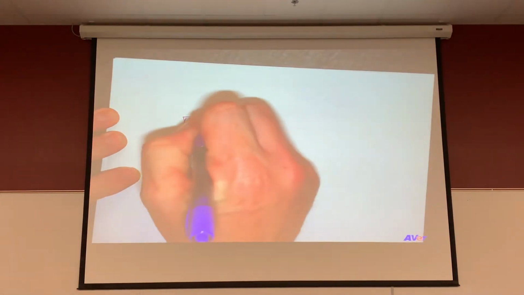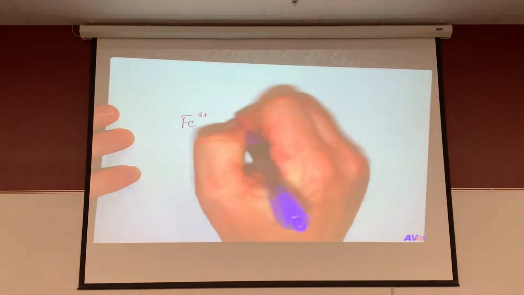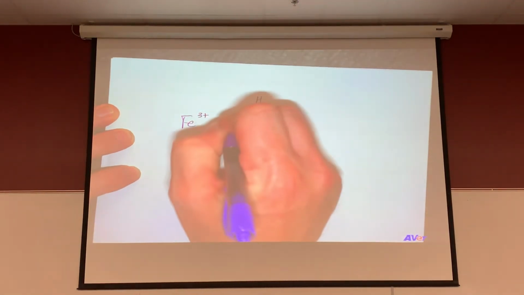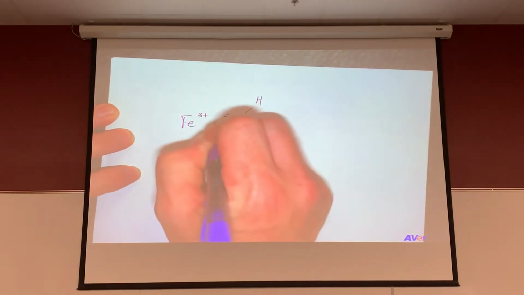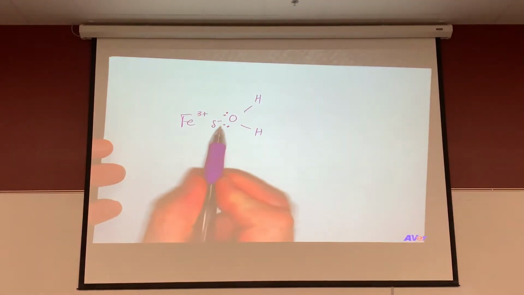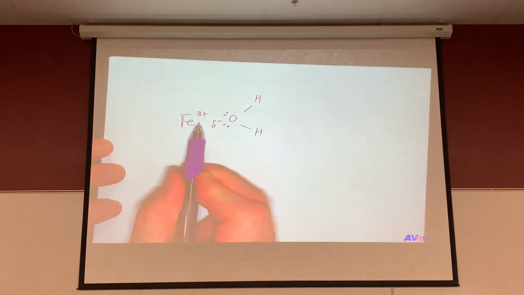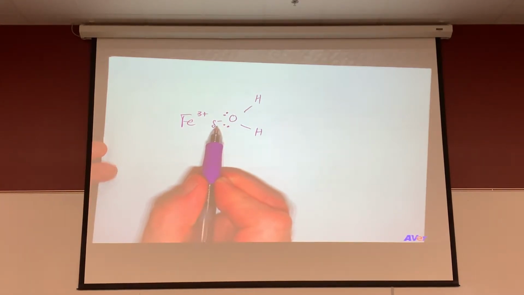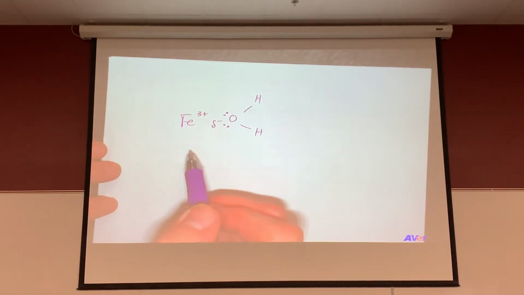Let's go here real fast, like iron 3 plus, and then water. Remember that water's highly polar, so you've got a big negative component to that side. There's no sharing of electrons here, but you do get the attraction between the cation and this really negative aspect, or partial negative charge that sits on one side. So it's closer to an ionic thing.